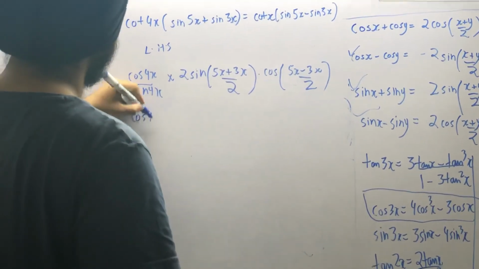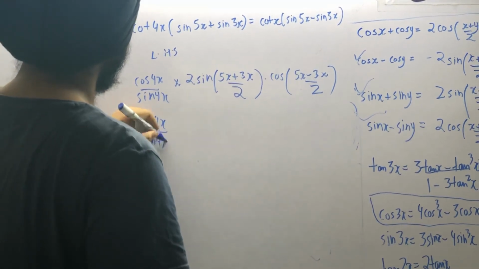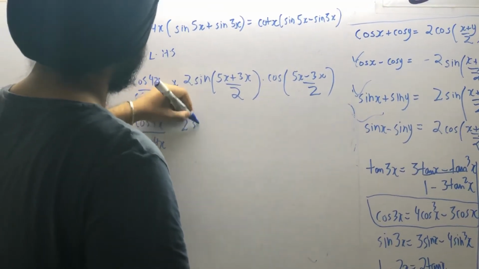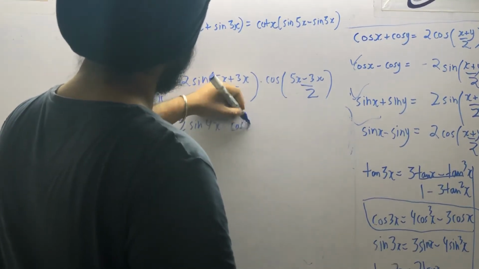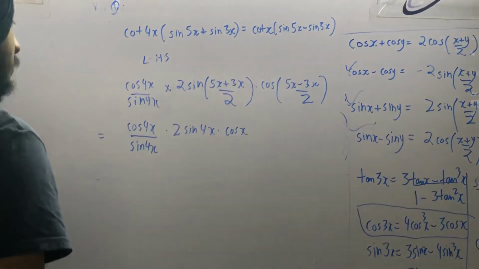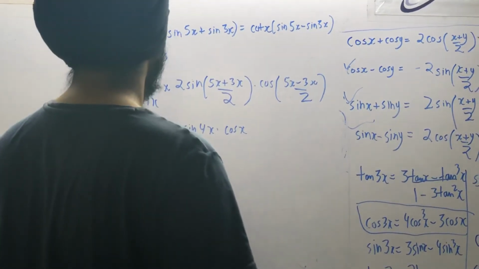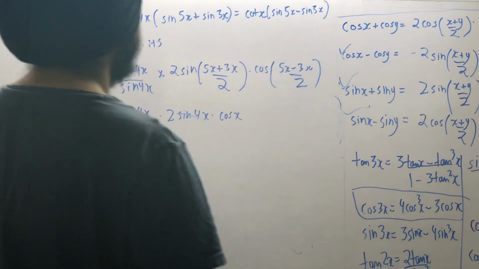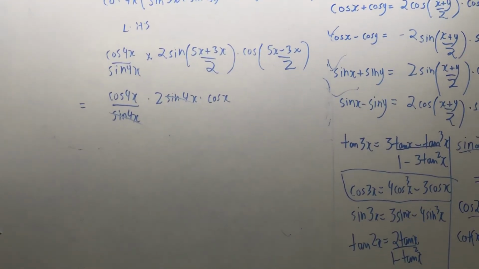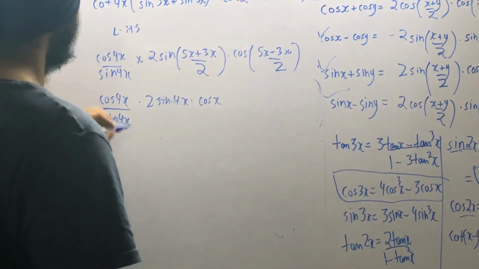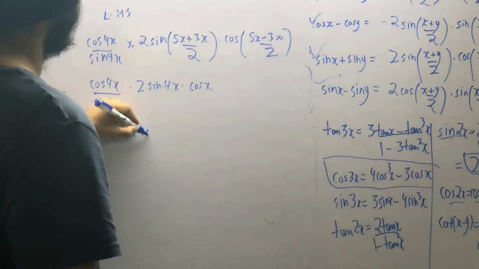Cos 4x upon sin 4x into 2 sin 4x into cos x. So sin 4x will be cancelled. Only what is remaining? Cos x, so this is 2 cos x cos 4x.